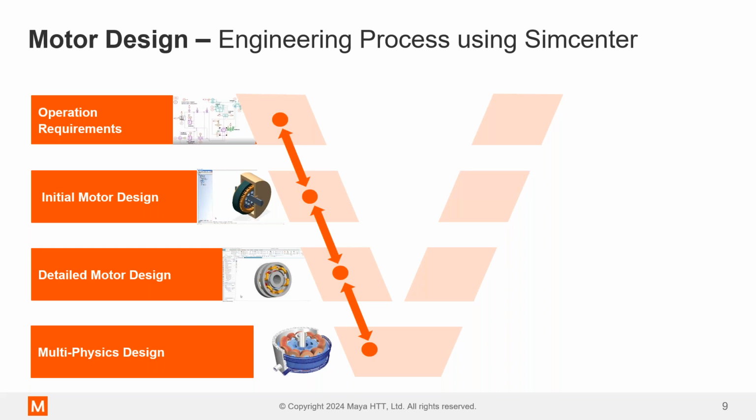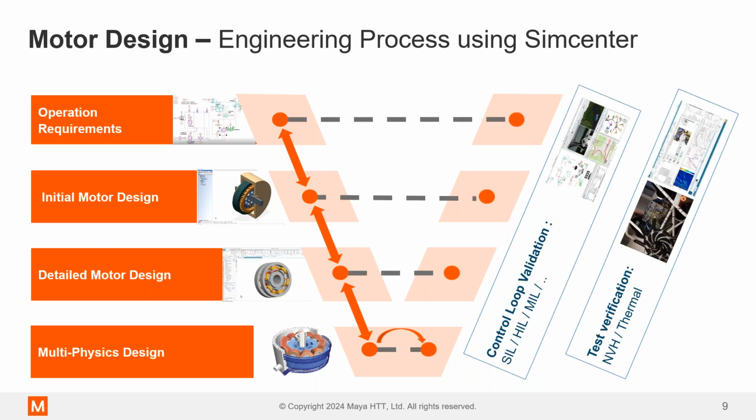One of the important bits is that all these different levels combine with physical information, and often when we get to prototyping, we want to correlate our prototypes, our physical test data with our simulation data, and we need to be able to feed back information between different levels of simulation. Your detailed multi-physics design might identify problems that you need to go back to your initial motor design or even your operational requirements to reassess where you're going to go from there.